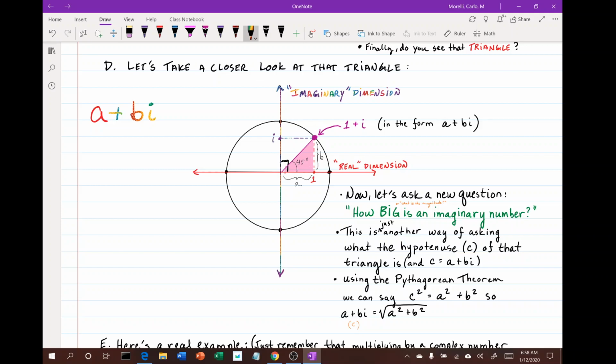Here's the A part. This is the real part. Here's the B part. This is the imaginary part. The B goes with the imaginary, and the red goes with the real. Do you see how that number is put together?